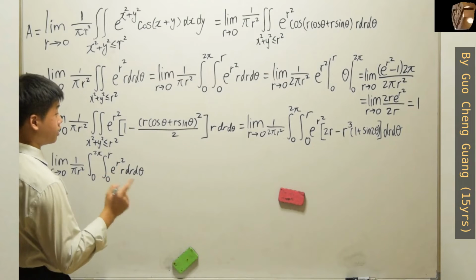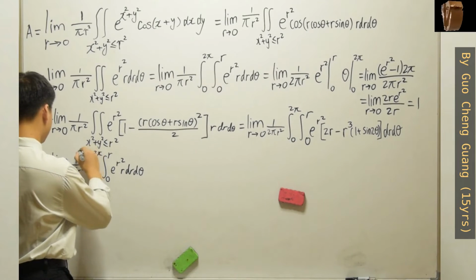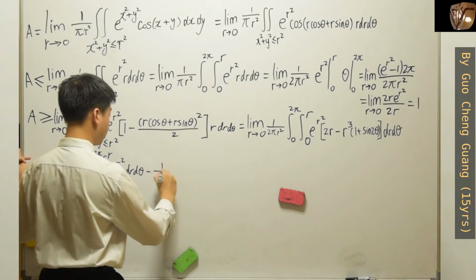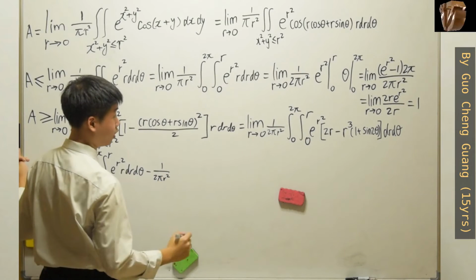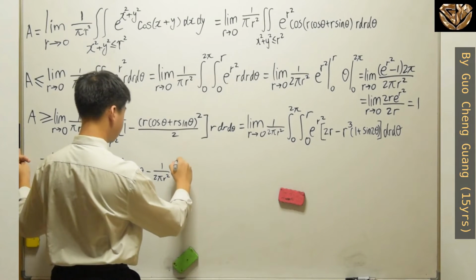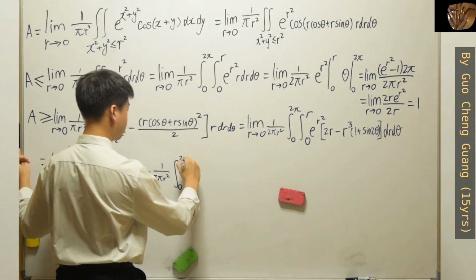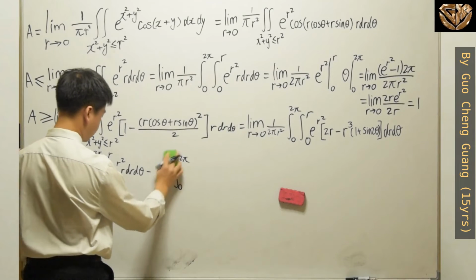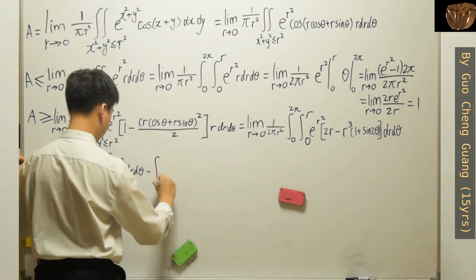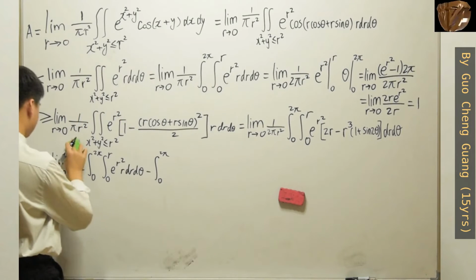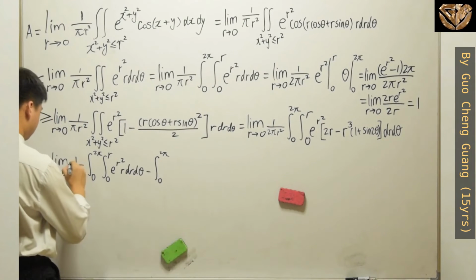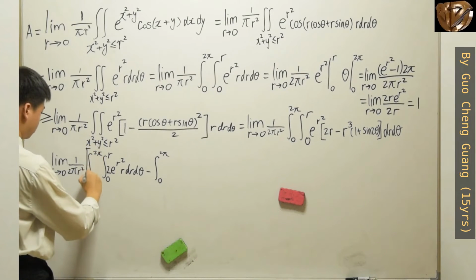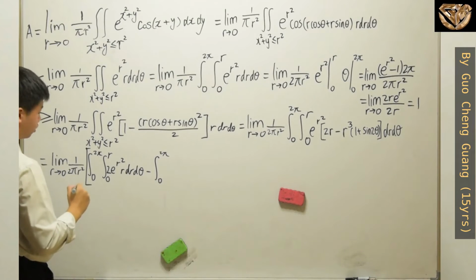Well, for your second term, you will be seeing minus 1 over 2 pi r squared and integrate from 0 to 2 pi. Or you could also just bring out the 1 over 2 pi r squared altogether, and just leave the 2 inside here. Alright? Should look simpler in this way.